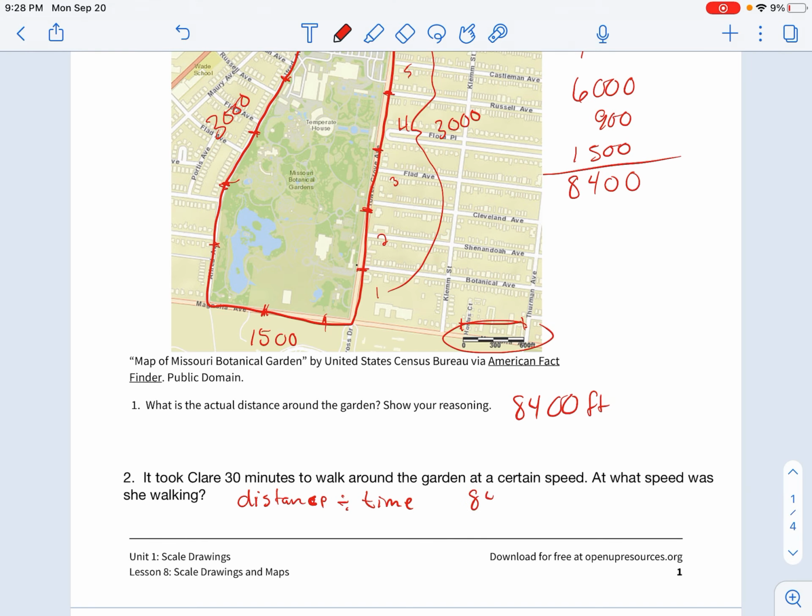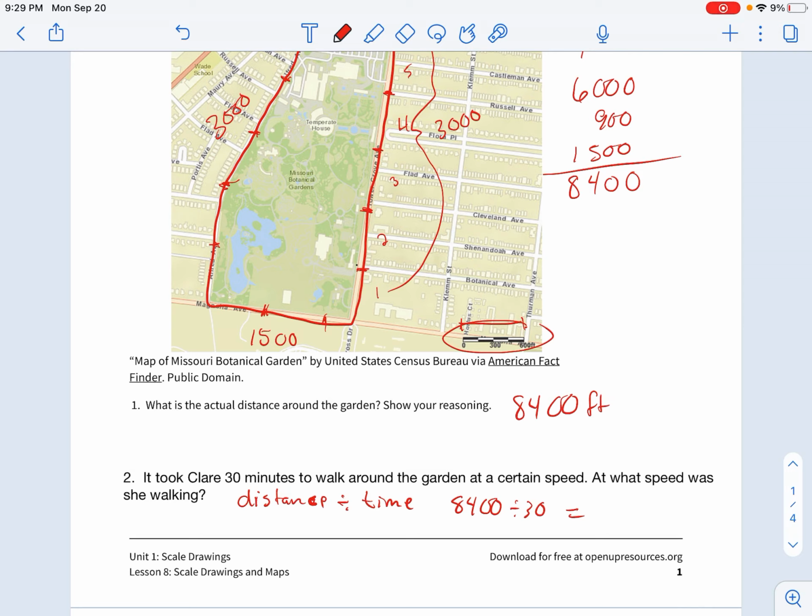So we've got 8,400 divided by 30. Let me rewrite this differently. Okay, and when you divide that, we're going to get the number of feet per minute that she was walking in order to get that distance.